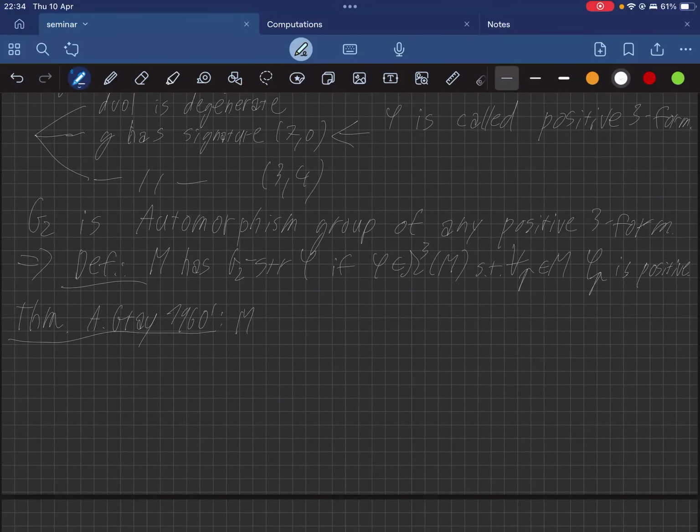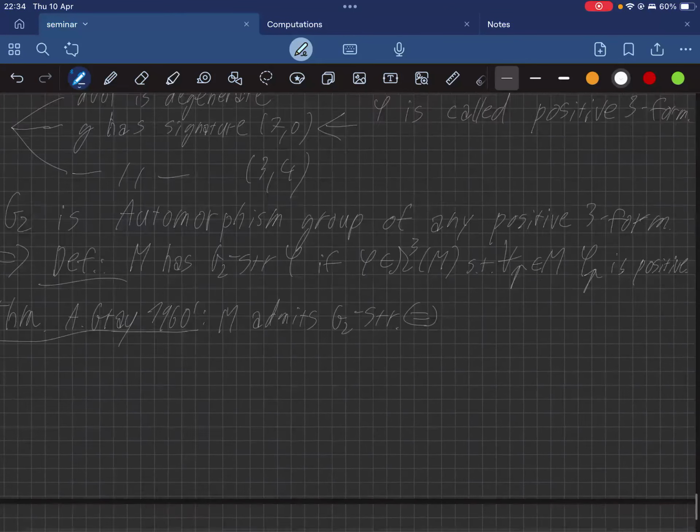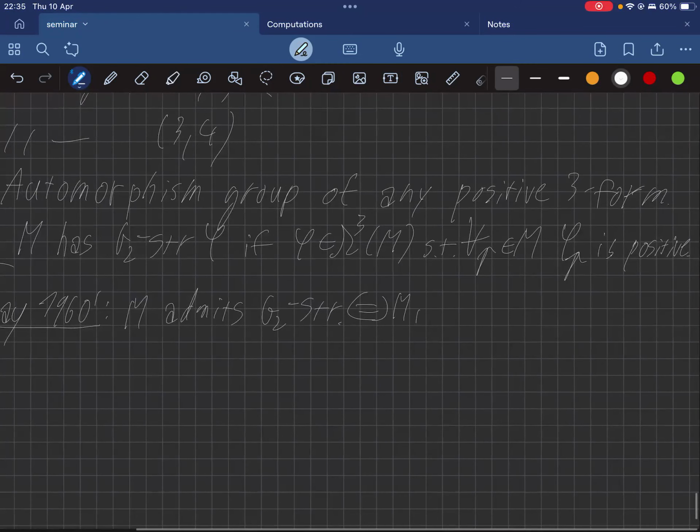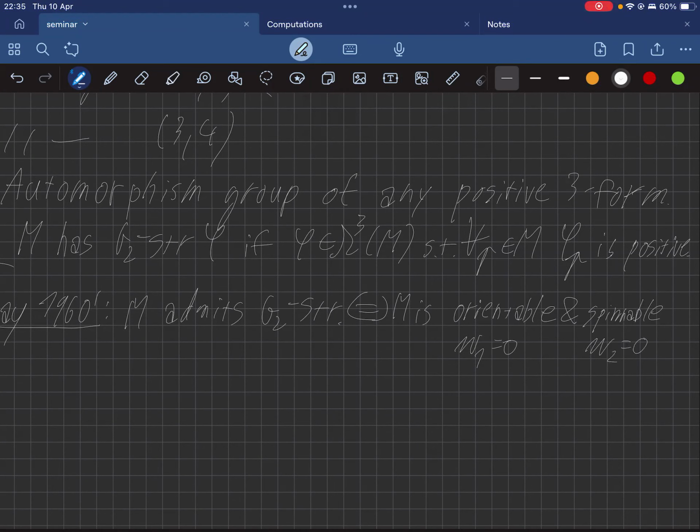A manifold M admits a G2 structure if and only if M is orientable, which means the first Stiefel-Whitney class is 0, and spinnable, which means the second Stiefel-Whitney class is 0.